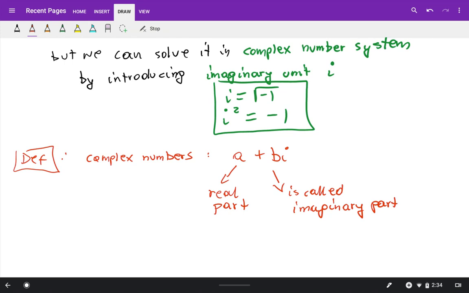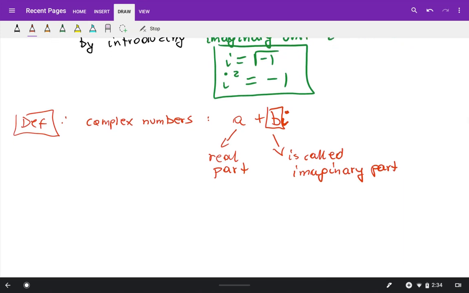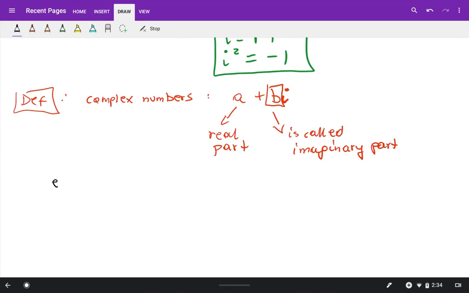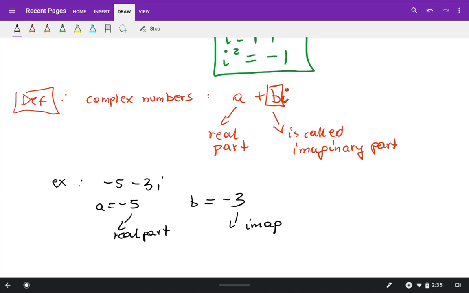So the coefficient b, again, it's right here. We call it the imaginary part. Let me give you an example of a number in the complex number system. You have -5 minus 3i. So the real part will be -5. The imaginary part will be -3.